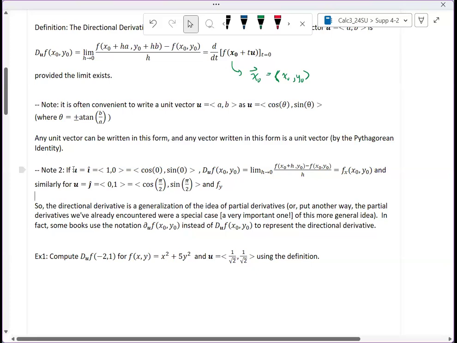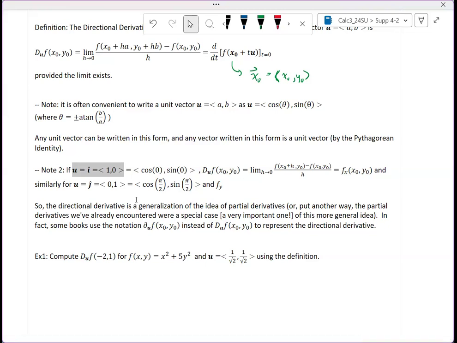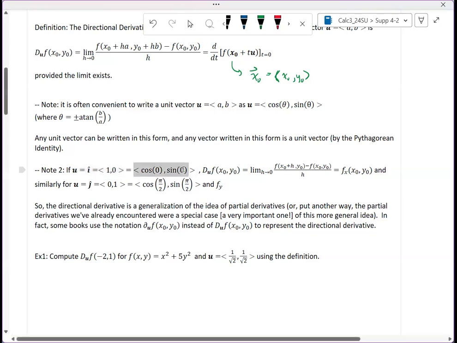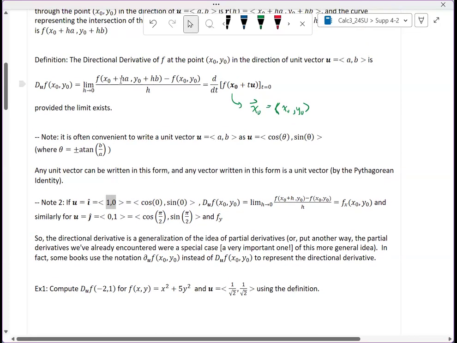Second note, if we take our direction for our directional derivative to be just i hat, or ⟨1, 0⟩, just going along the x-axis, we note that this can be written as ⟨cos 0, sine 0⟩ as well. Then our direction is ⟨1, 0⟩, so a is 1, b is 0 up here in the definition.